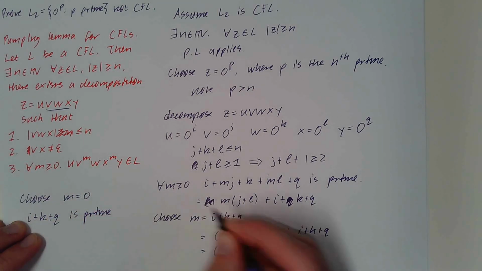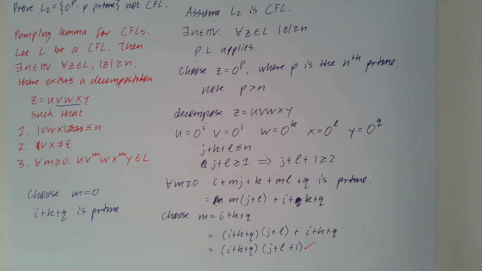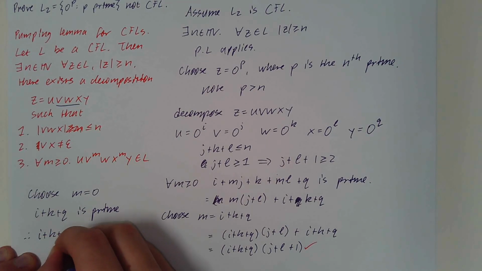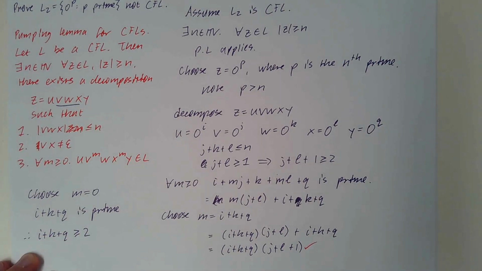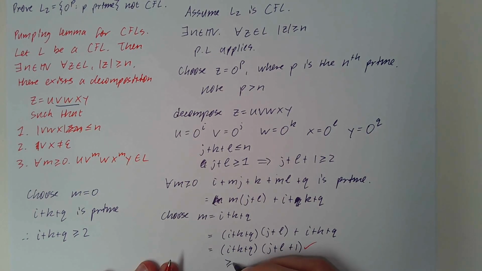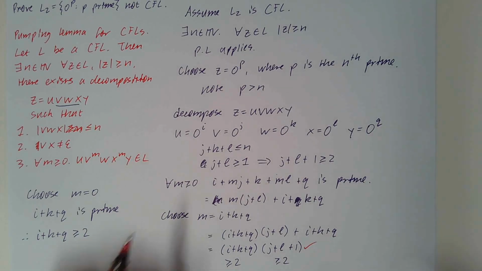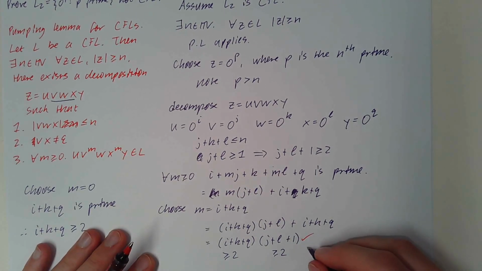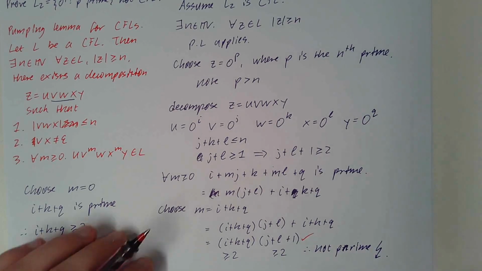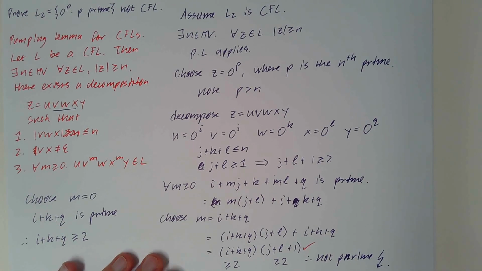And if it's prime, well, the smallest prime there is 2. So that means i plus k plus q has to be 2 or bigger, right? Which means this term here is also bigger than or equal to 2. And so I have a legitimate factorization. So therefore, not prime, which is a contradiction, because it contradicts the pumping lemma for context-free languages.